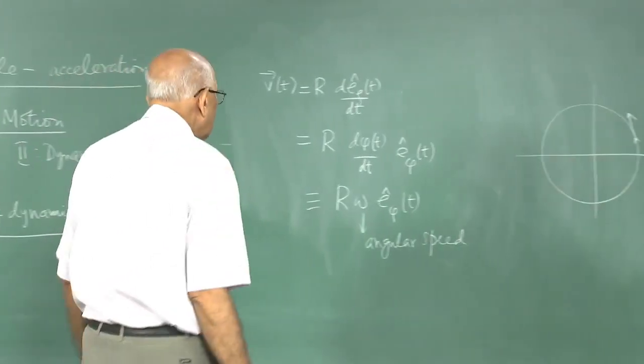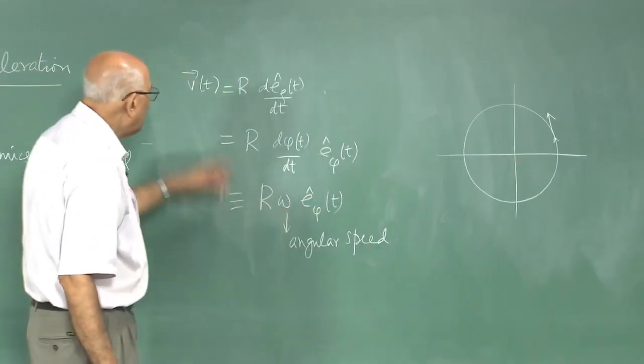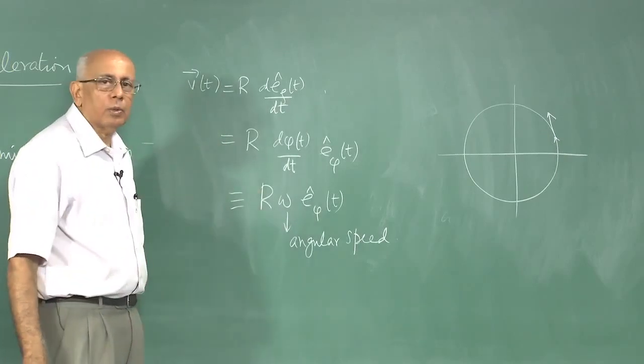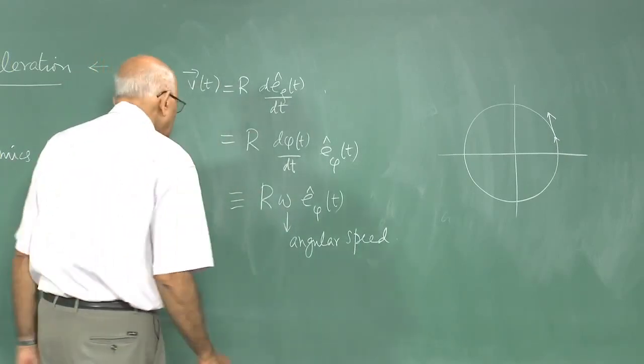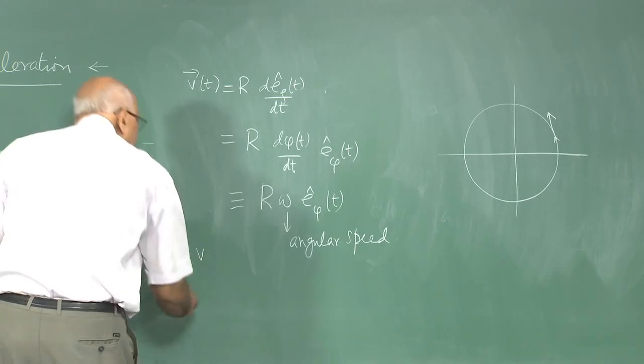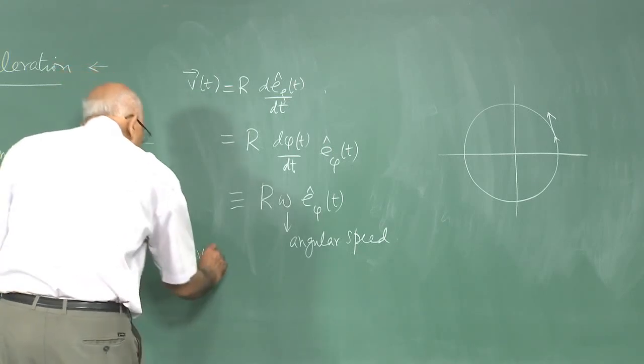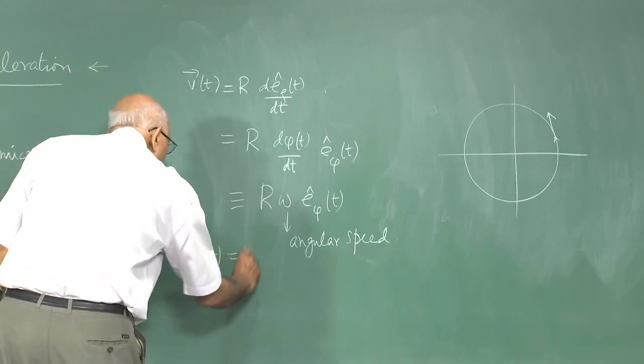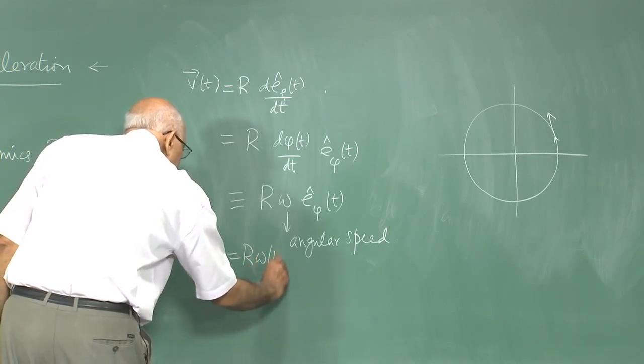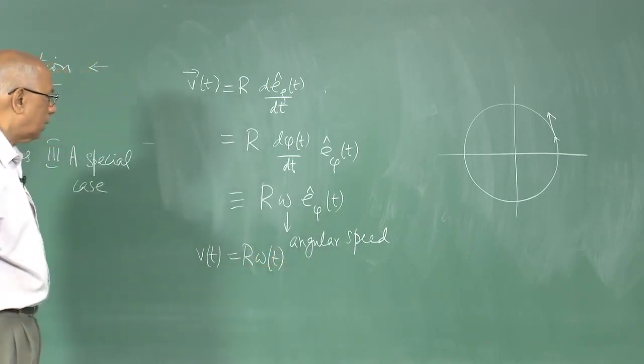That is indeed what has happened, and the magnitude is proportional to r omega. So we have our important result which says that the speed, which could depend on time, is equal to r times omega of t in general.